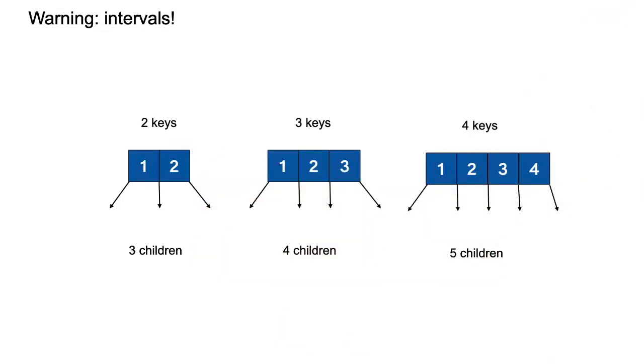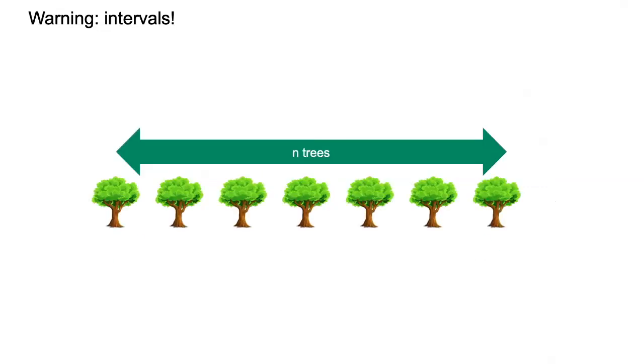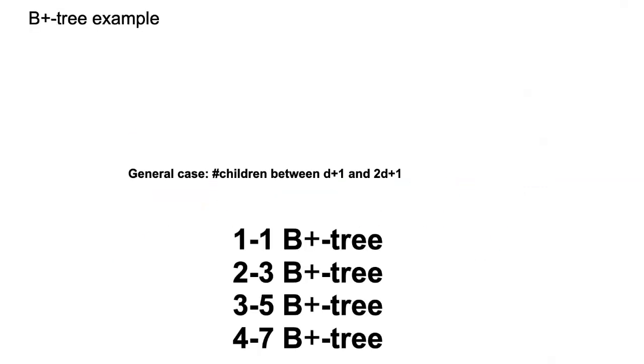And so what I was saying is that when people say on the internet a 4-7 B+ tree or a 3-5 B+ tree, you have to be careful because some people mean the number of children as the allowed interval, and some people mean the number of keys. And that makes it very easily very confusing to follow. So to make it easy for that course, I just pick one convention for us that whenever I say a 4-7 B+ tree, I mean the number of children.